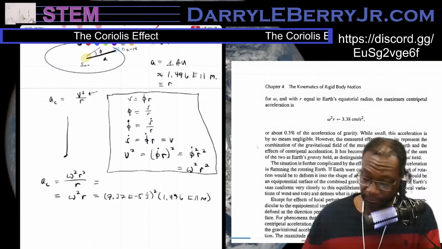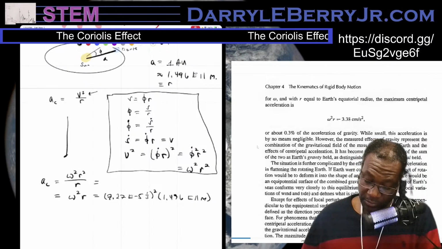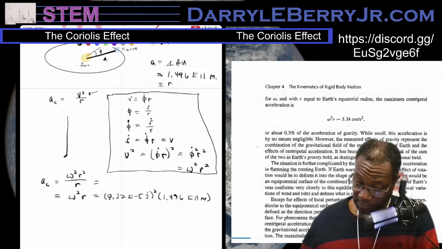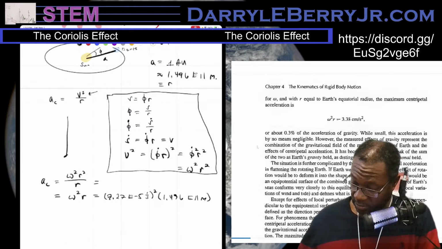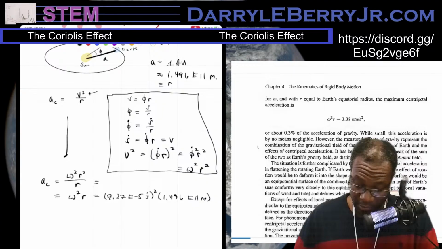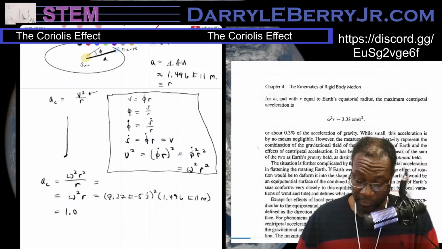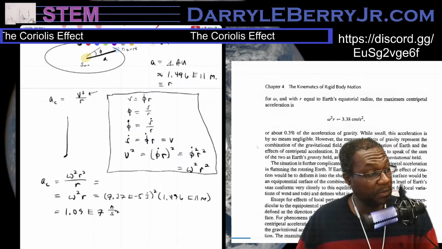So let's see what we get. This times 1.496 to the 11 meters. We get 1.08 or 1.09 times 10 to the 7 meters per second squared.